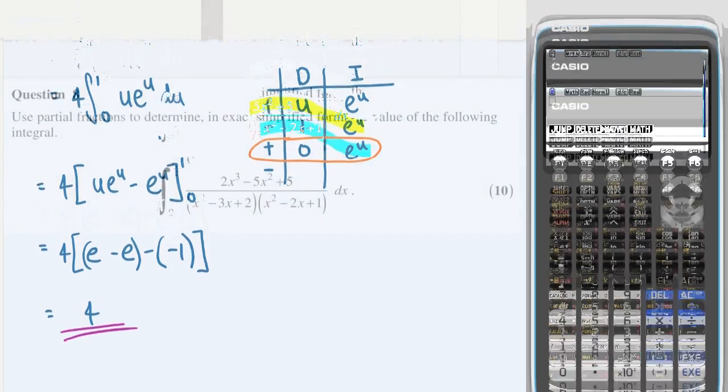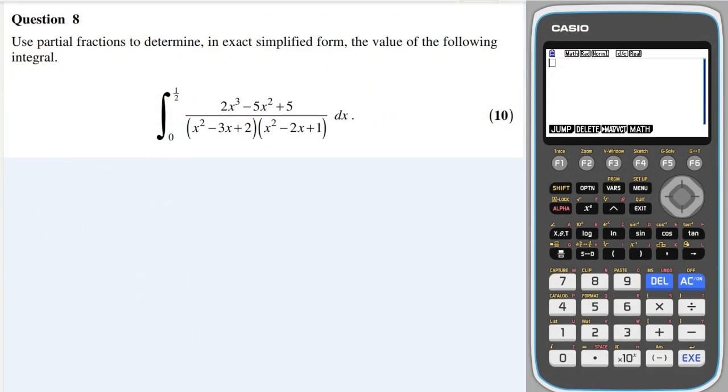Splendid. Okay, we've got a beast integration by partial fractions. Let's do it. First off, I'm going to need to factorise the bottom of this fraction. I won't write the integral sign every time. Let's just do the partial fractions first. So that's x minus 1 minus 2.